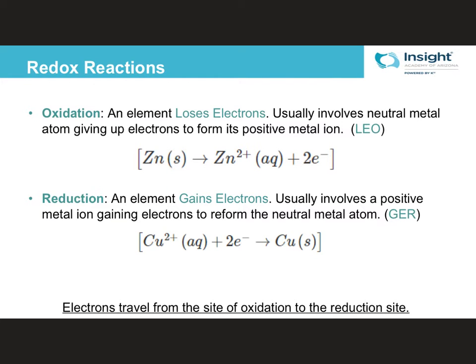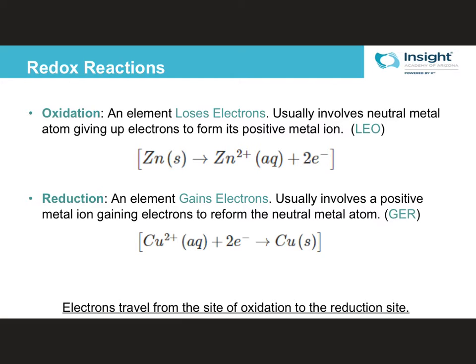So here is a definite good slide to take some notes on, and some hopefully good hints to help you remember these things. In an oxidation half reaction, you have an element that loses electrons.